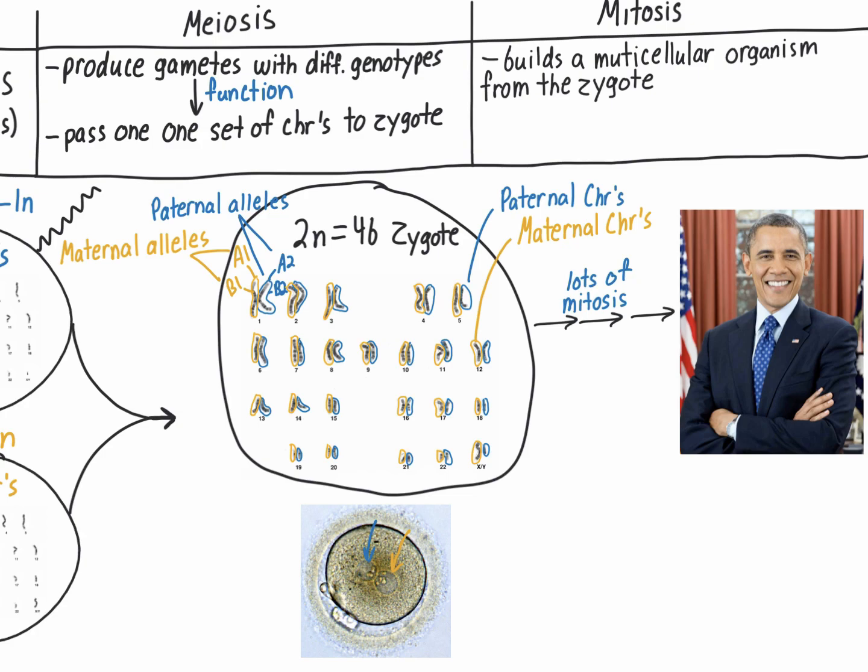Nearly all the cells in your body were produced by mitosis, which means that nearly all of them are genetically identical, with the same chromosomes, the same genes, and the same genotype, assuming, of course, that no mutations have occurred.